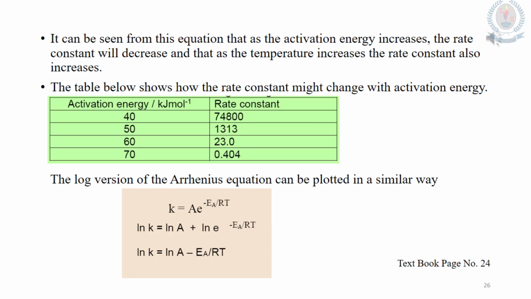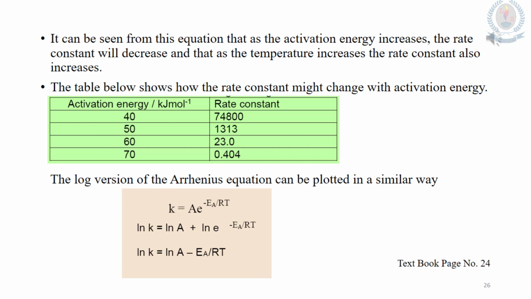A is connected with the number of collisions and collision orientation. When we consider the Arrhenius equation, we can see the relationship. As activation energy increases, the rate constant will decrease, and as temperature increases, the rate constant also increases. Here I am giving a table showing how the rate constant might change with activation energy.